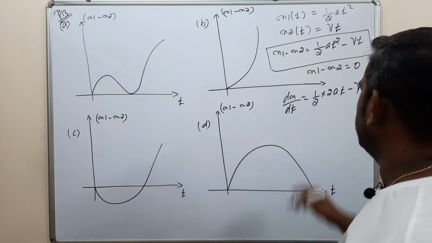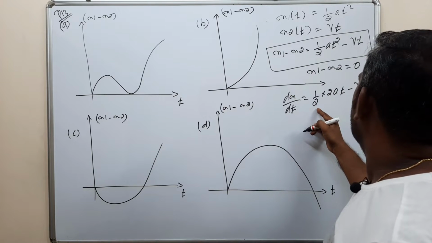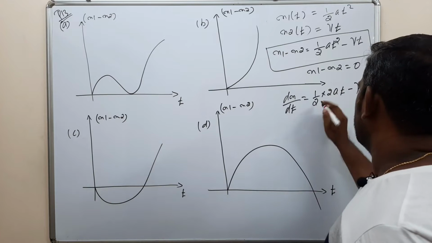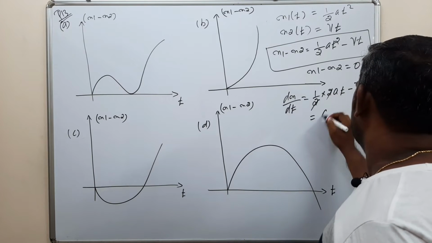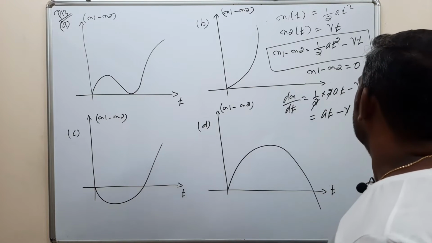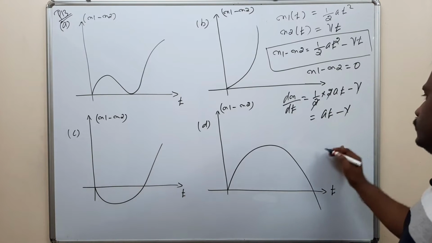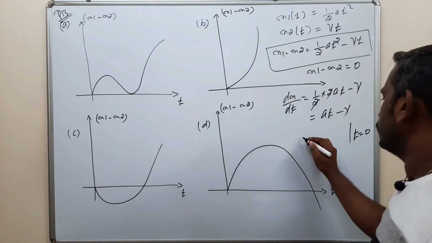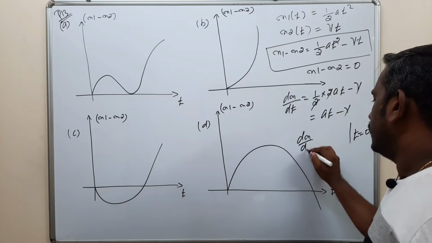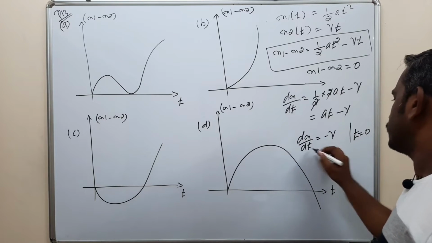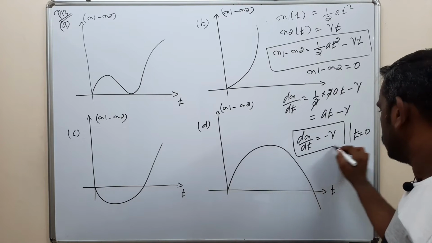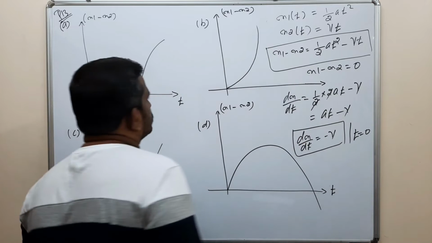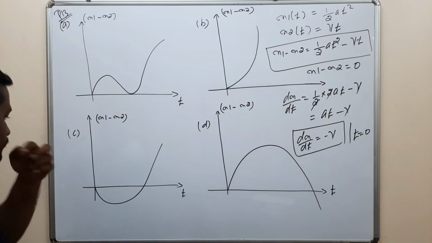The 2 gets cancelled, so dx by dt is equal to at minus v. At time t is equal to 0, dx by dt is equal to minus v, that is, the slope is negative.